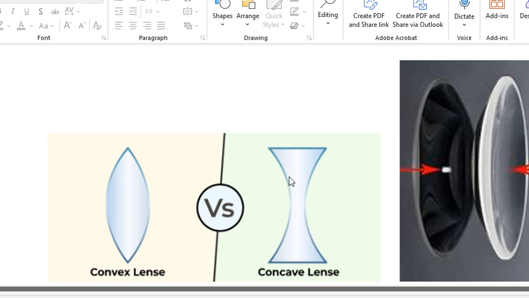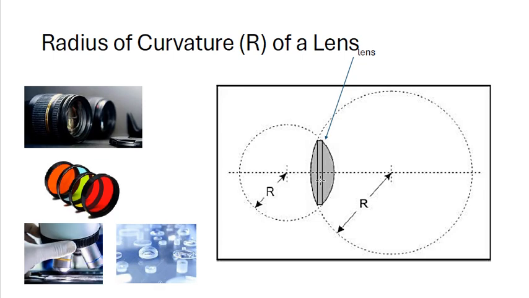And of course this is your concave and convex lens. So you now know where the radius of curvature is. Some people love to draw from the center of the circle all the way to the end of the lens curvature. You can do that too, but if you draw like this, it's clearer to see it.